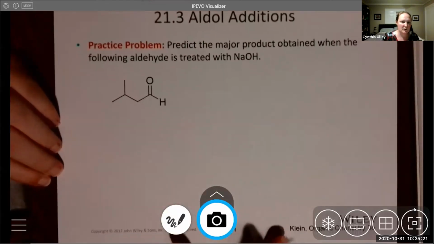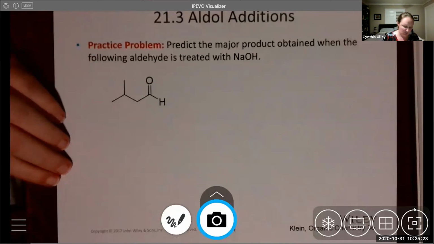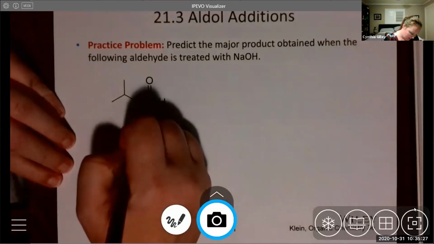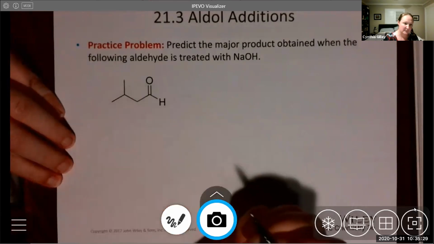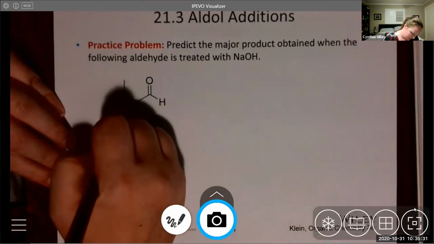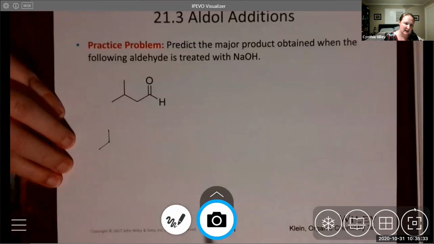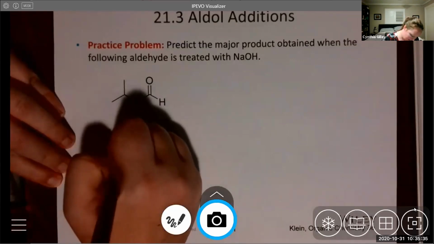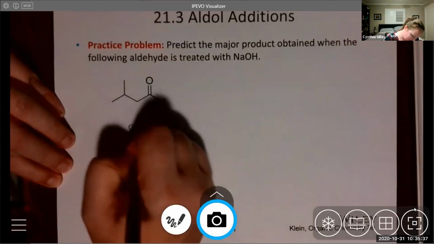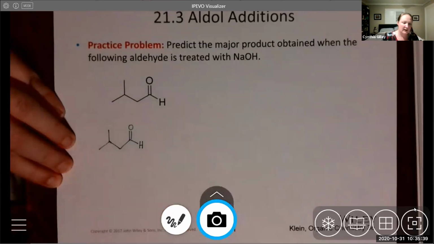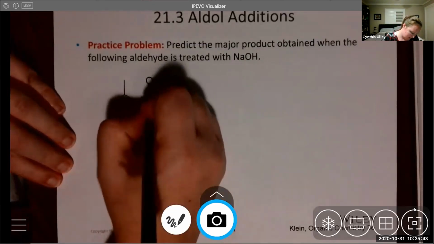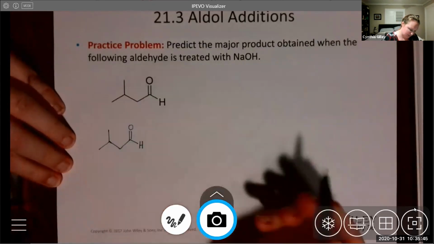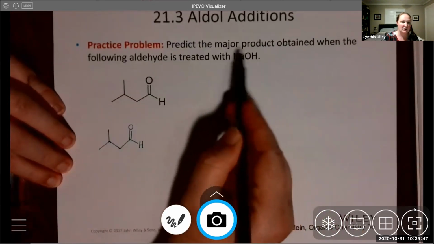Okay, so we are going to be drawing the aldol addition product. And again, we know that we need to utilize two aldehydes. Right? So I'm just going to go ahead and draw a second substrate because it's a 2-to-1 reaction. One of the substrates will form the enolate, so it'll be deprotonated with sodium hydroxide.